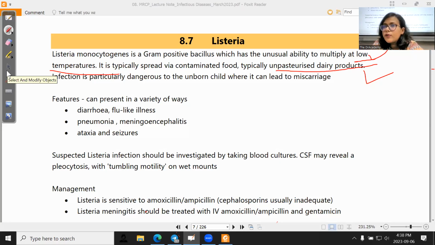There is no chance that our food will be contaminated at such low temperature, because most bacteria or germs need some optimum temperature to grow. Refrigeration is usually considered a very good way to stop bacteria from growing. This is the only bad bacterium which prefers the low temperature. That's why pasteurization is very important.